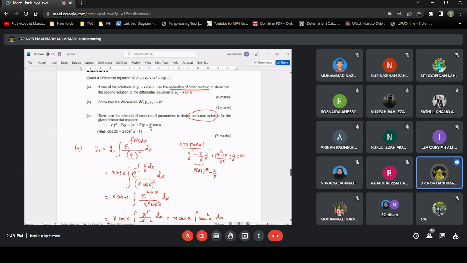Remember this equation is not in standard form. Bila you nak apply the variation again, bila nak apply the reduction of order method, the equation must be in standard form, but this one is homogeneous.